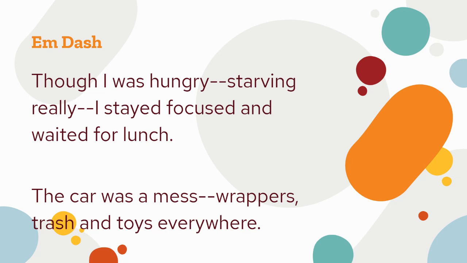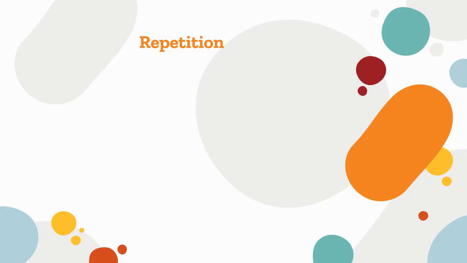Even visually, do you see the way the em dashes make the phrase stand out much more than a comma would? With em dashes, just punctuation-wise, a comma or parentheses function the same as em dashes. So any of those punctuation marks would be correct in this situation.